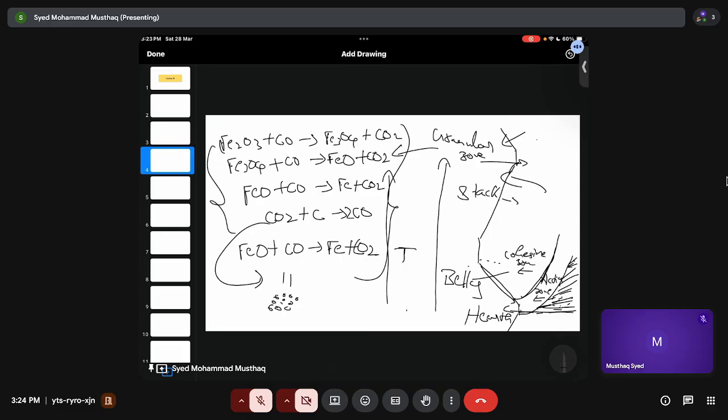Whatever iron has melted because the temperature is very high, these melted liquid droplets will trickle down through the coke and go into your slag, and then from the slag to your liquid metal. When they trickle down through this coke, they pick up carbon. That's why pig iron contains more than 6 weight percent of carbon. And where does this 6 weight percent of carbon come from? Because of this trickling down.